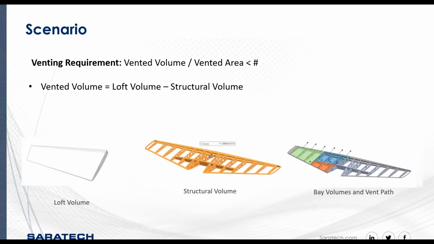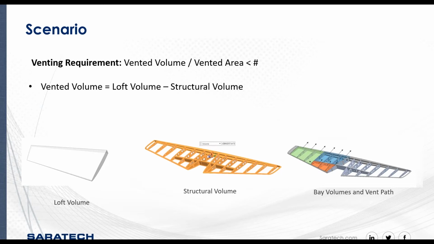Okay, so we have a scenario here where we're working with a stabilizer. So just a simple assembly of an aircraft here. And our problem is to make sure that the bays and the overall structure is properly ventilated.